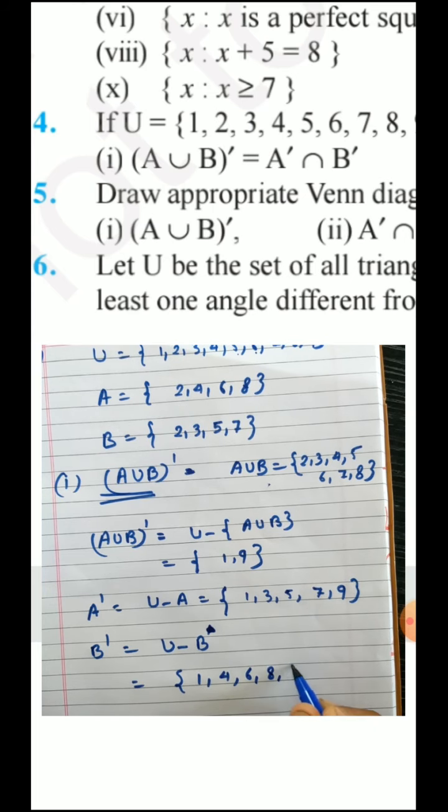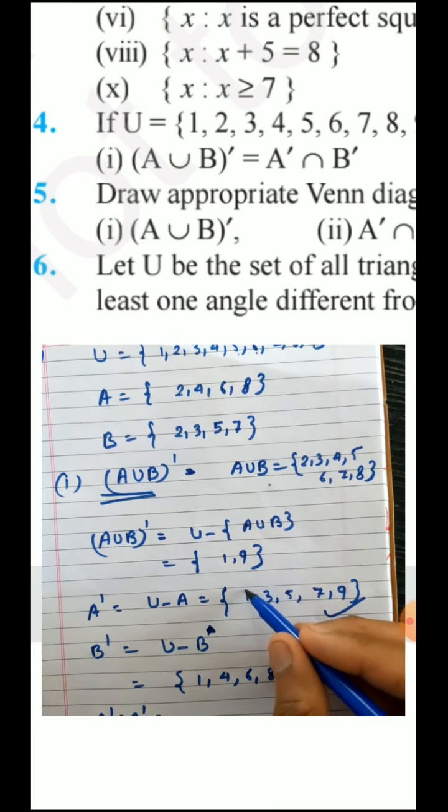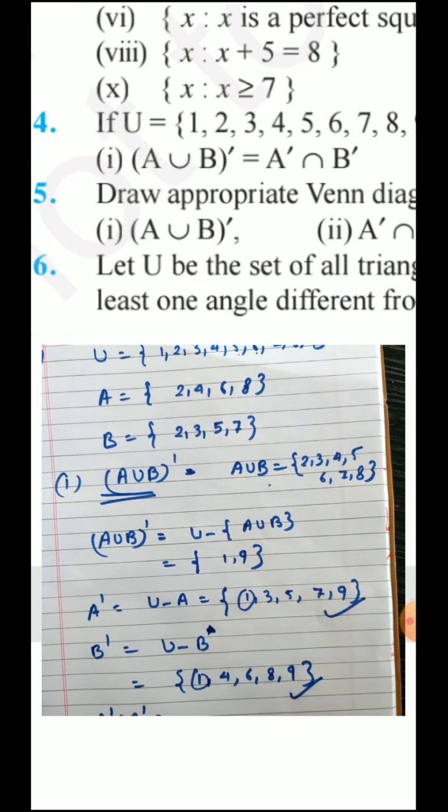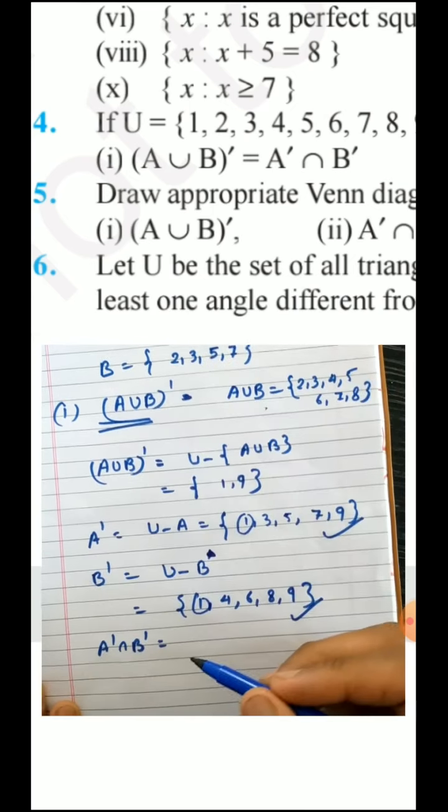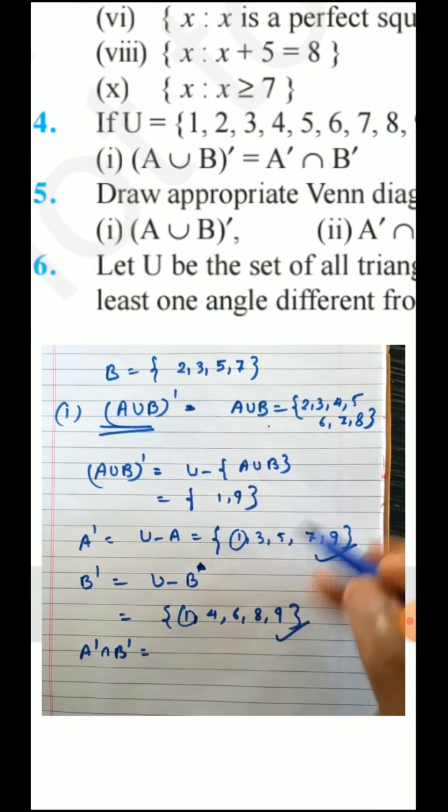6, 8, 9. Now A' intersection B': A' is this and B' is this. What is the common element? 1, and the second is 9.